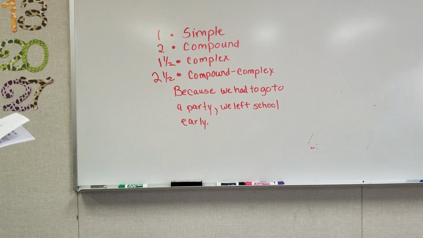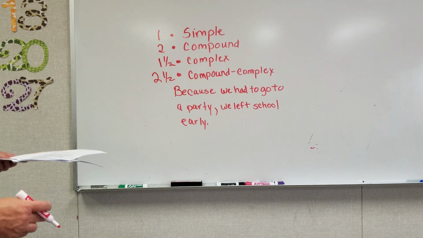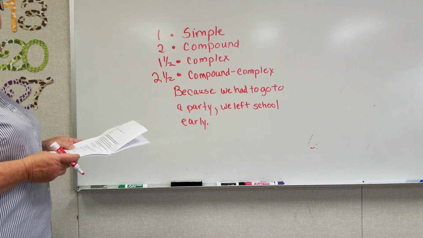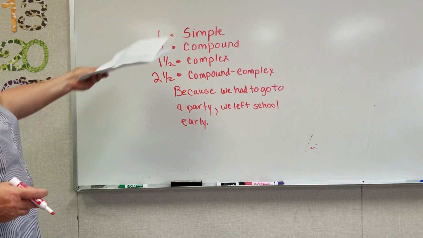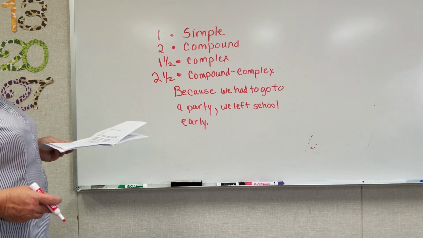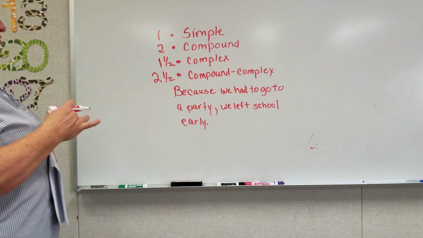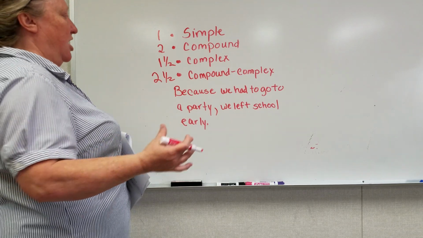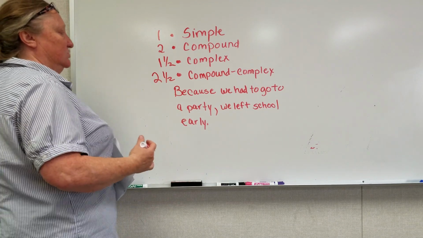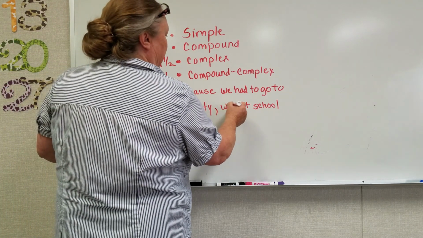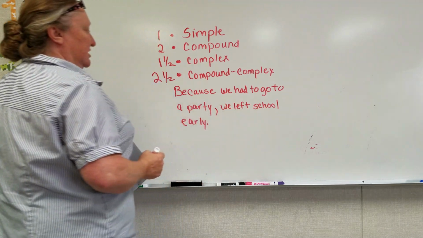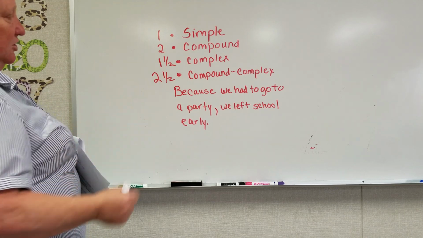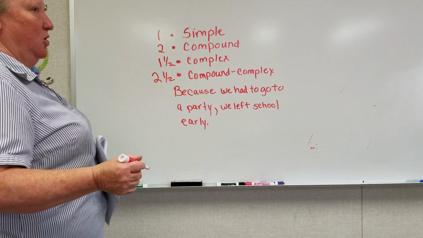So here's an example of a sentence, and we're going to have to decide which sentence pattern this belongs to. We have, because we had to go to a party, we left school early. Our main clause, our main thought of the sentence, of course, is we left school early. So what have we got left here? We've got because we had to go to a party.